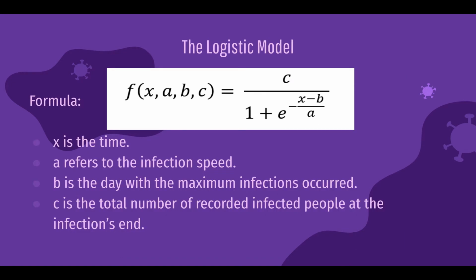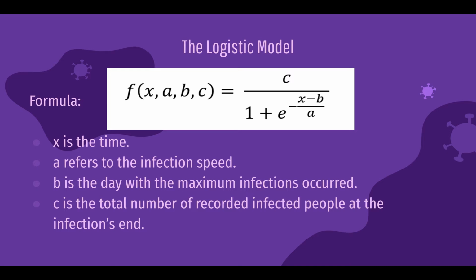So I switched to a logistic model, which has been widely used to describe the growth of a population, and an infection can be described as the growth of the population of a pathogen. So I think a logistic model seems more reasonable than a polynomial model in this case.